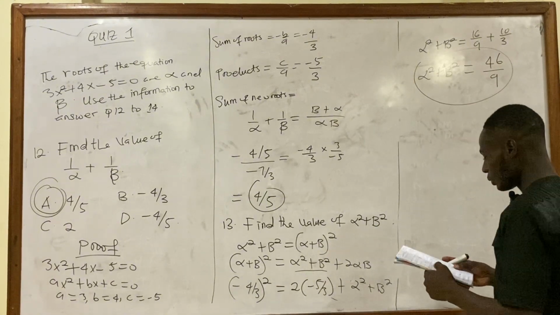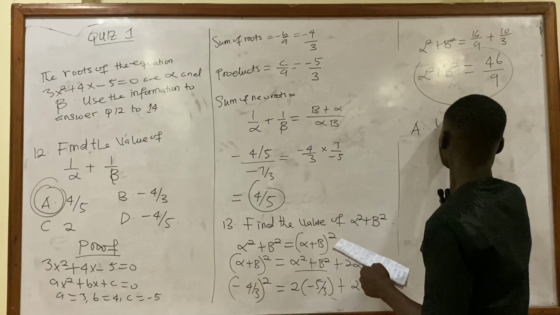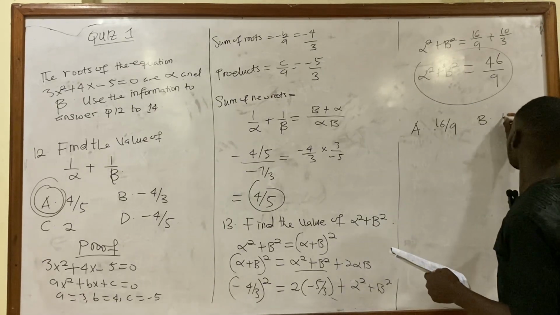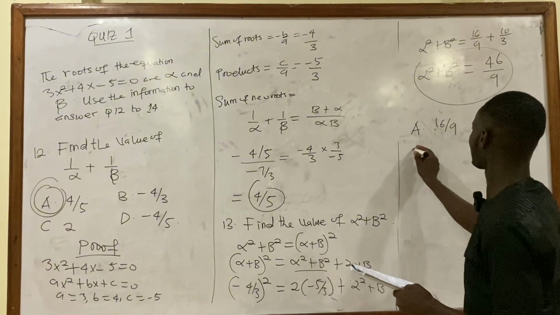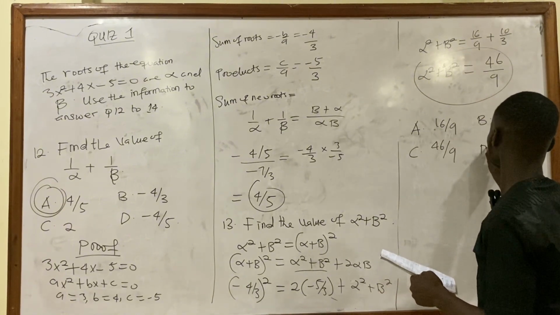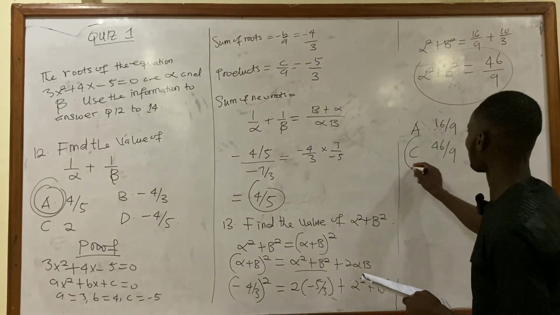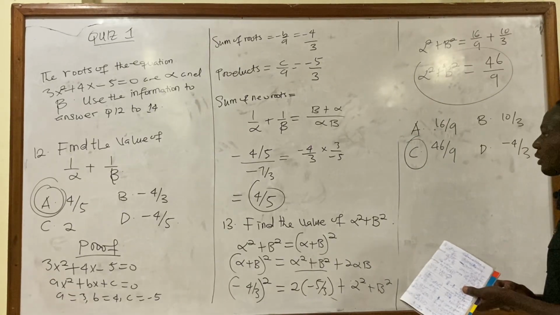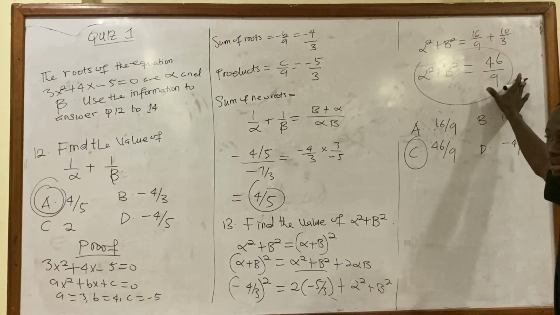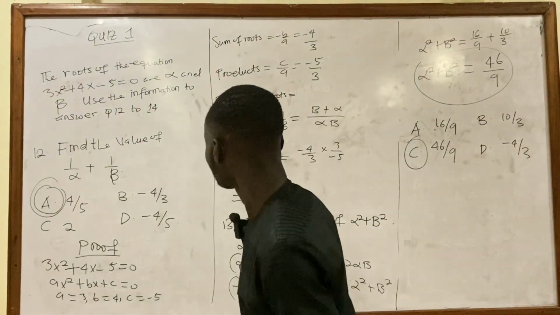Alright, so per the options given, A 16 over 9, B 10 over 3, C 46 over 9, D negative 4 over 3. So we can see that our correct option is 46 over 9, obtained over here. So let's look at the last question, question 14.